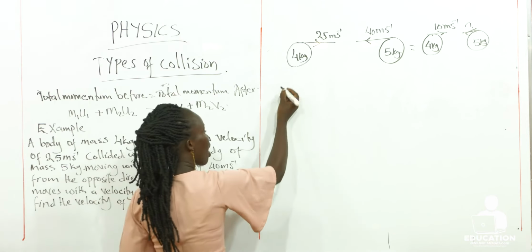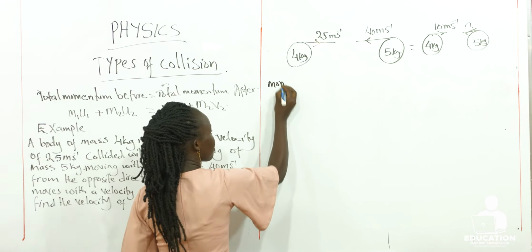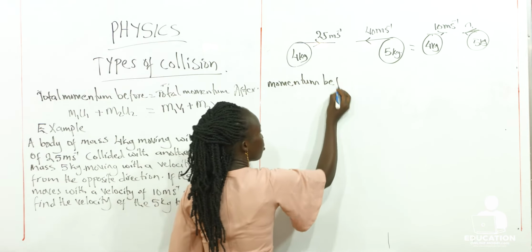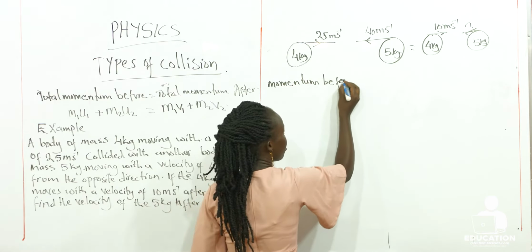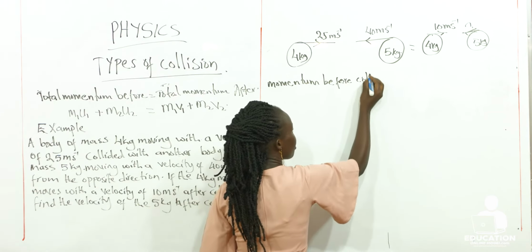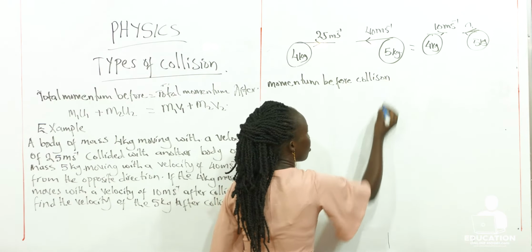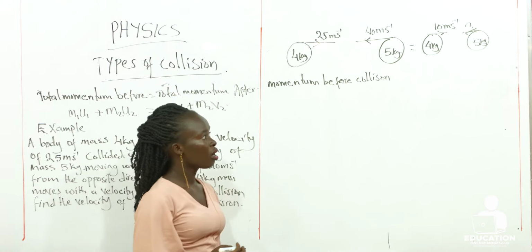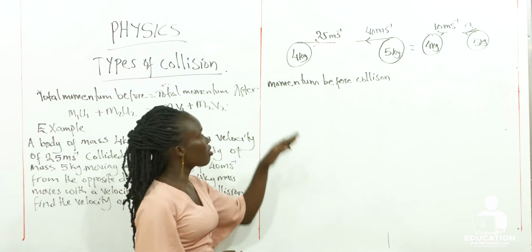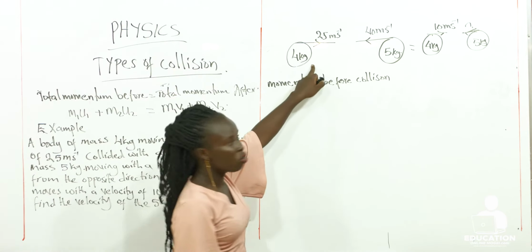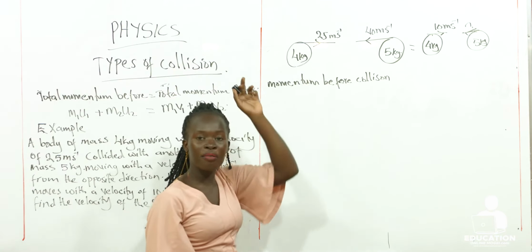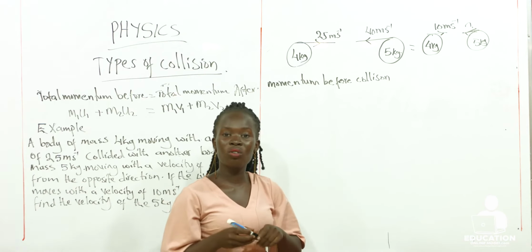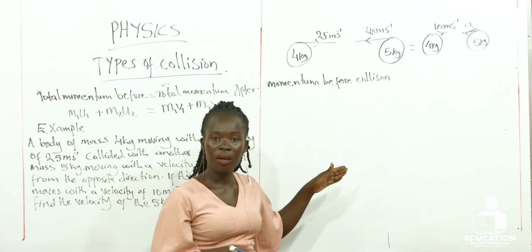So let's see this. We shall have a momentum before collision. What is the momentum before the two bodies are colliding? Since there are two bodies, we shall have two momentums. Then we shall add the two together to get the total momentum before them colliding.